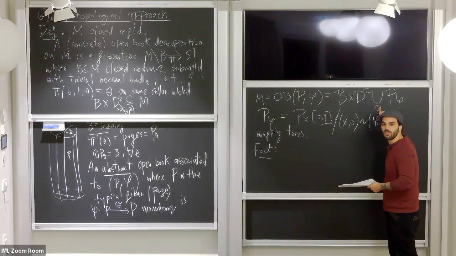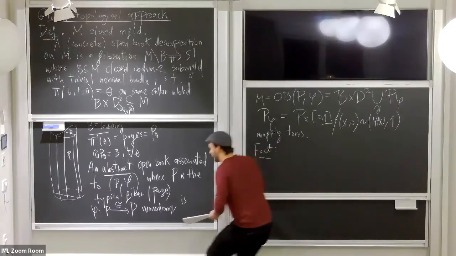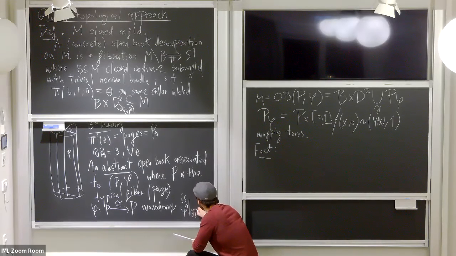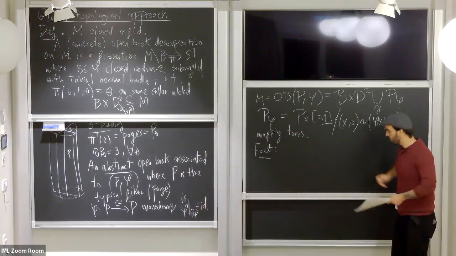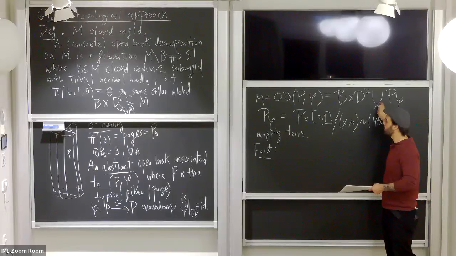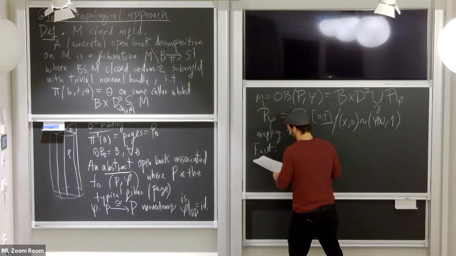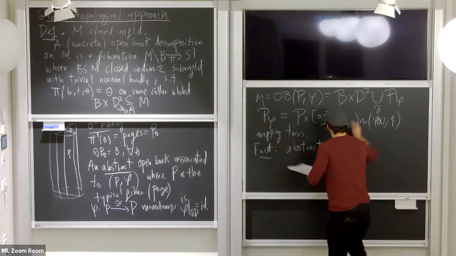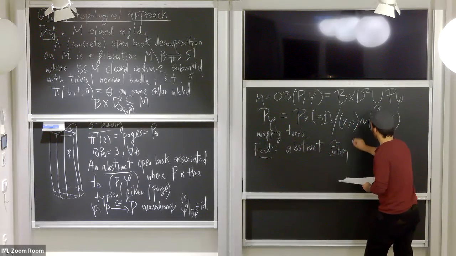Well, I forgot to assume, sorry, the monodromy needs to restrict to the identity on the boundary. If I assume that, then this gluing is well defined. So the fact is that the abstract notion is, up to isotopy, equivalent to the concrete notion.